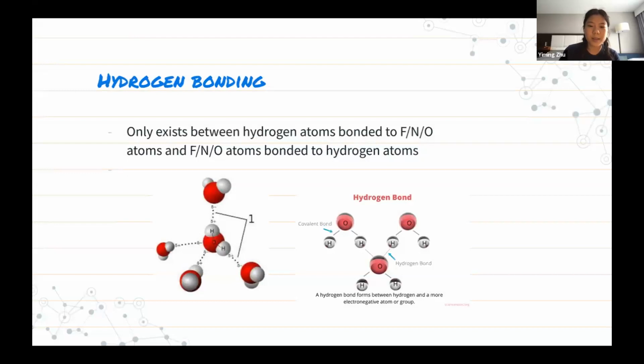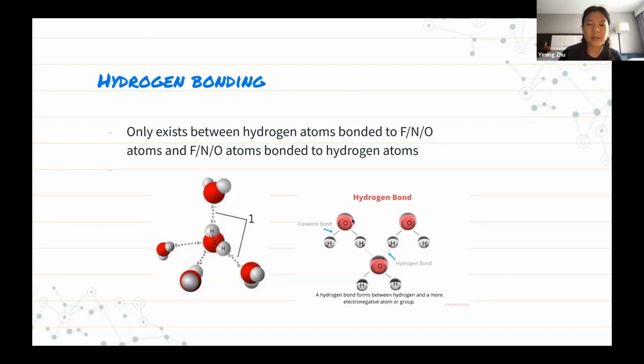So next is hydrogen bonding. This one may sound a little bit more familiar. Essentially, these really only exist between hydrogen atoms bonded to fluorine, nitrogen, or oxygen atoms, or fluorine, nitrogen, oxygen atoms bonded to hydrogen atoms. So for example, over here, this is water again.